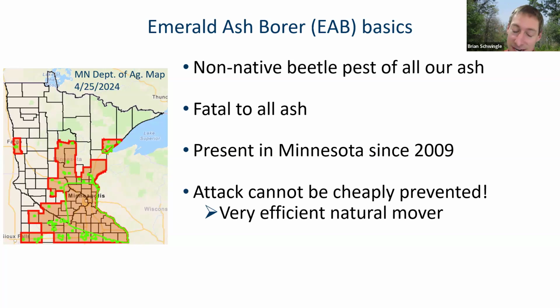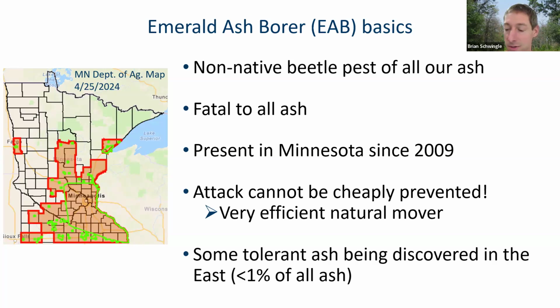Kind of like with Dutch elm disease, emerald ash borer is a very efficient mover. I mean, look at its spread over the last 14 years. It gets around. It doesn't need a wound to attack the tree. The tree doesn't need to be weak to be attacked. I guess the good news is that scientists are finding some ash trees out east, so like Michigan, Ohio, that look like they could have some resistance genes.